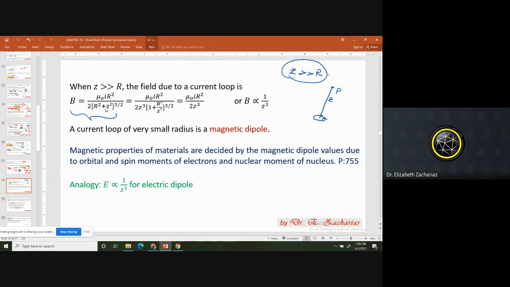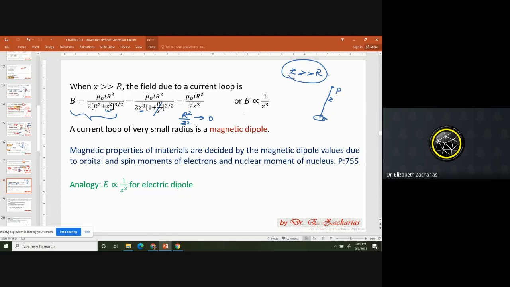And from here, take out Z square. Z square to the power of 3 by 2 is Z cube, and 1 plus R square by Z square. Now, R square by Z square will tend to 0 because Z is much, much greater than R. So this term will go, and you'll be just left with mu naught I R square by 2Z cube.